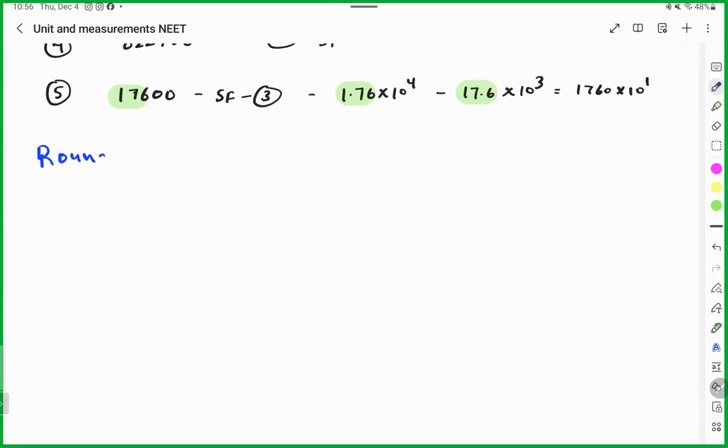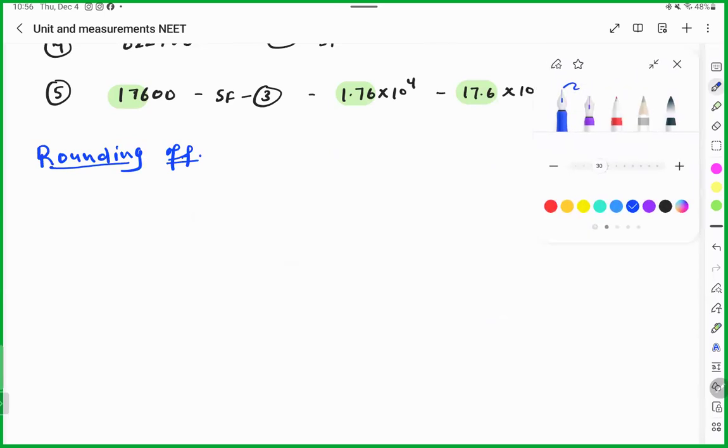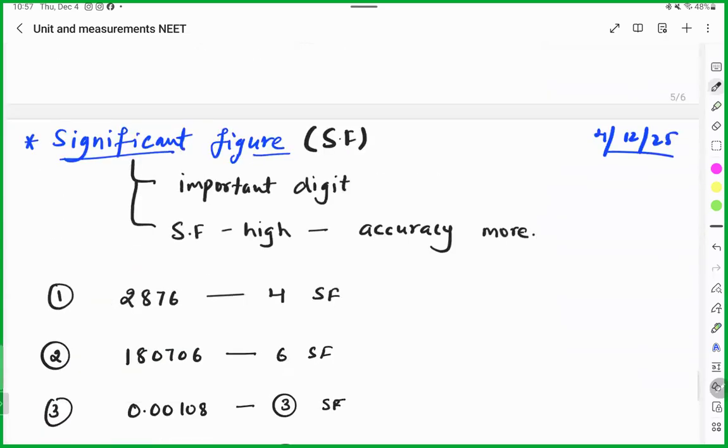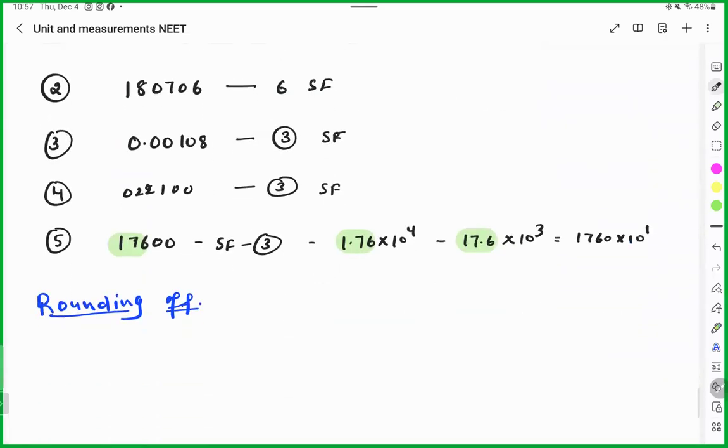Then rounding off. In rounding off, there is a special situation in case of 5. Otherwise, things are easy. Sir, after decimal, the zeros are significant figures, right? After decimal, 0s are significant figures. Correct.